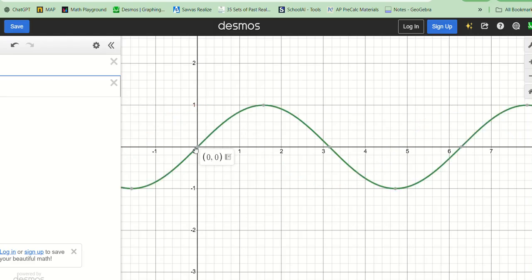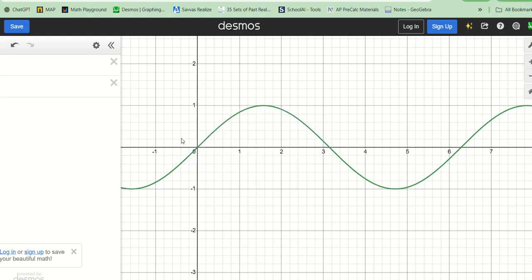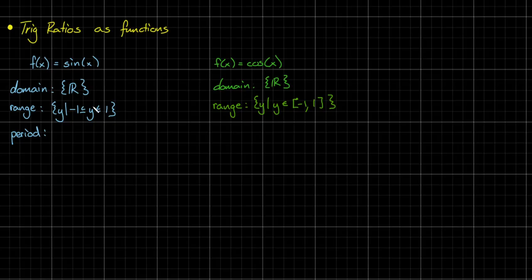If I start at 0, how far do I have to go till I can repeat it and just pick it up and copy it again? Doesn't work there. Is it still 2 pi? We still have to pick it up there. So what we wind up seeing is whether it's sine or cosine, it's just 2 pi. That's how far we have to go before we repeat our function. Now, for the periodicity of functions, we can make it so it's not sine and cosine.